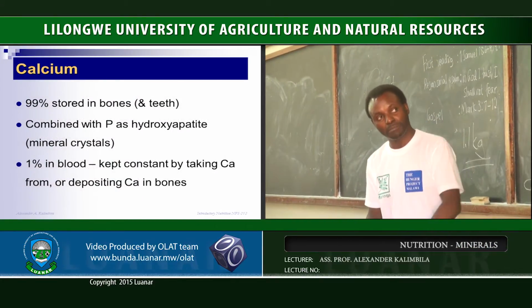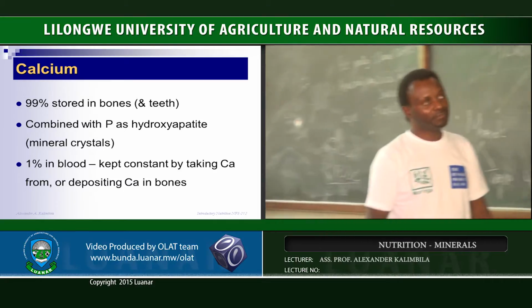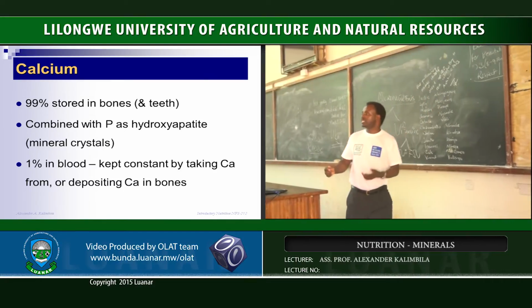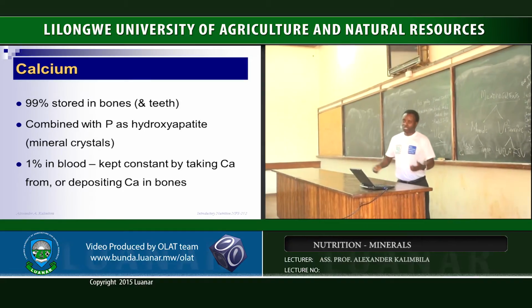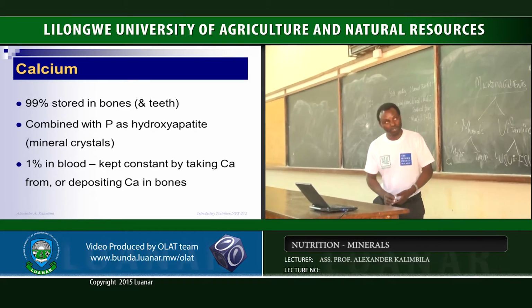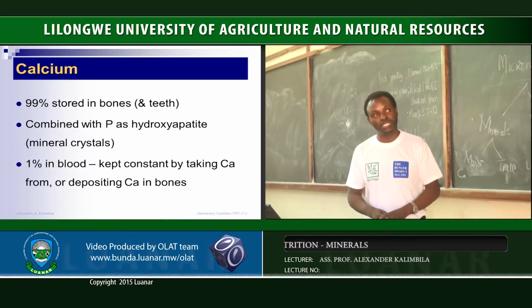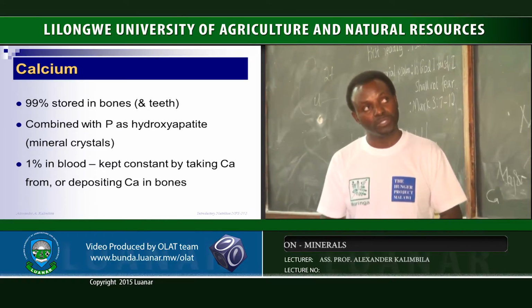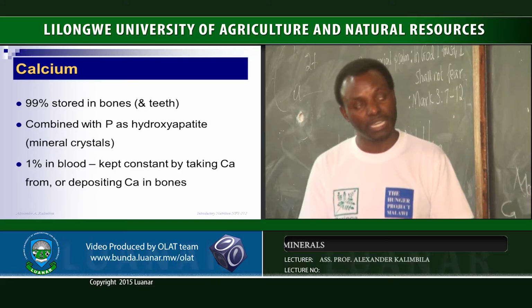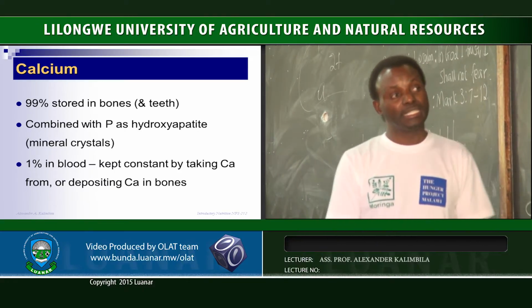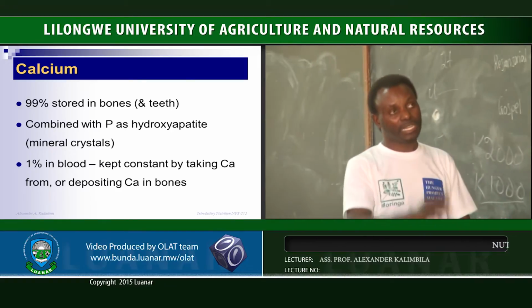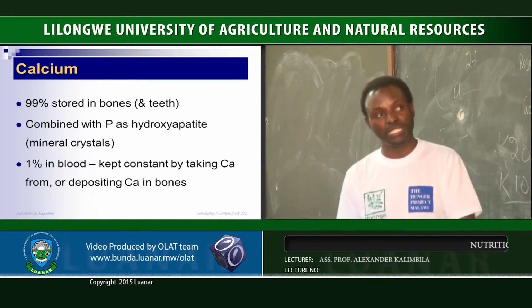So most of it is in the bone, and the bones and teeth. The teeth, how many teeth do you have? Very few. So comparatively, I would say most of it is really in the bone. But because you've got a little bit of teeth, then you also have it in the teeth. 99%. I'll account for the 1% later. So 99% is in the bones and teeth.